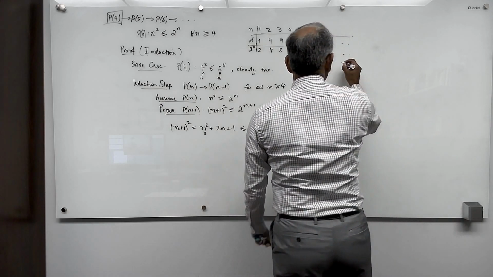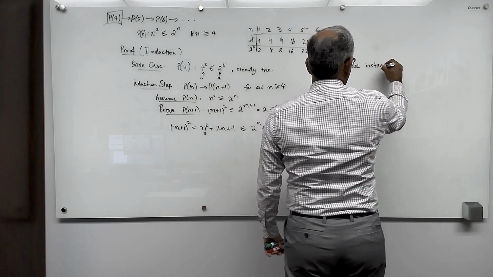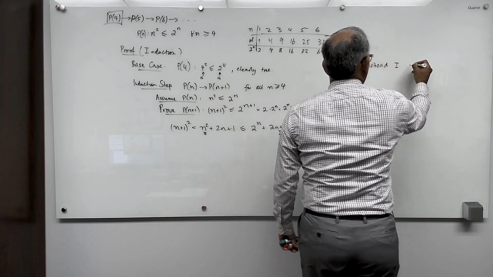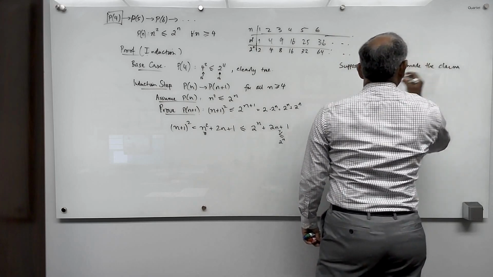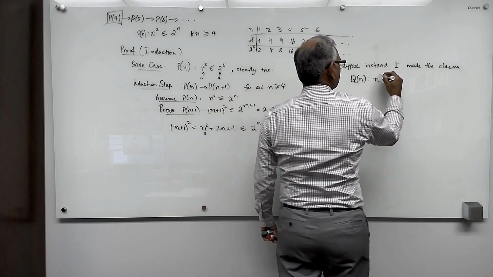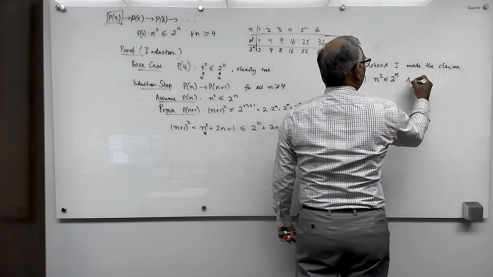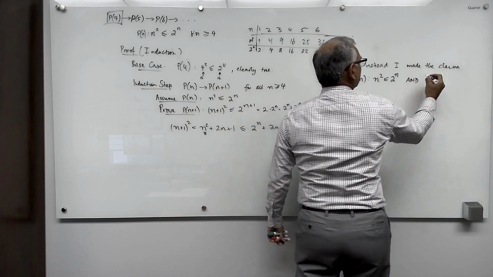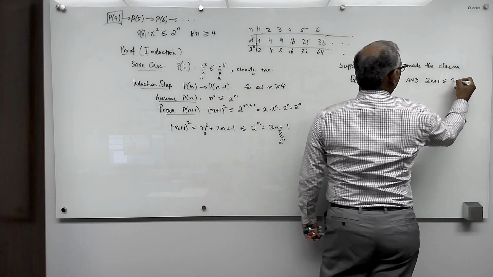Suppose instead I made the claim, let's call it now Q of n, which is the claim that n squared is less than or equal to 2 to the n and 2n plus 1 is less than or equal to 2 to the n.